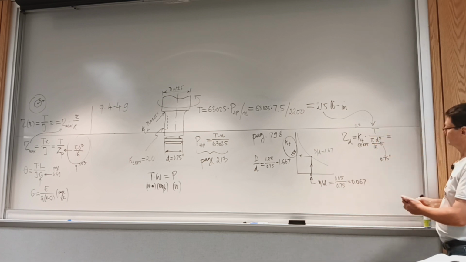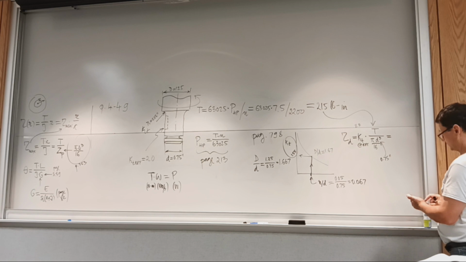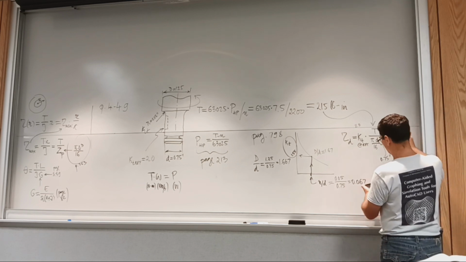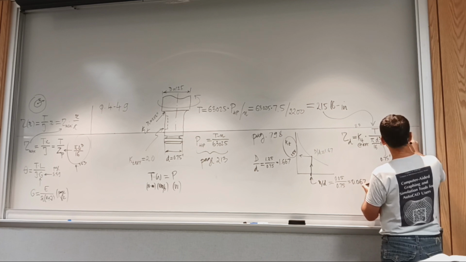All right, so let's see. 2 times 215 pound-inch over pi times 16 over 0.75 at power 3 equals. And I've got 5,191 psi, or 5.12 ksi.